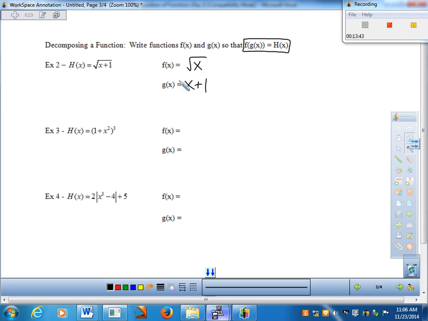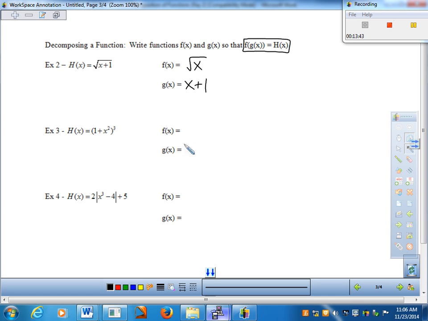It replaces the input of the f function. So this now has to be your basic input. So instead of square root of x plus 1, I've pulled out the x plus 1, and f of x becomes square root of x. If I asked you to do a composition here, wouldn't you just take this x plus 1 and replace the input of the f function right there? Yeah. And that's how decomposition works.